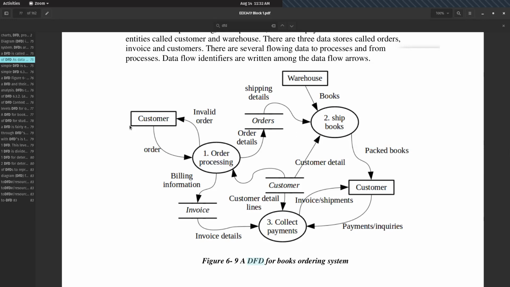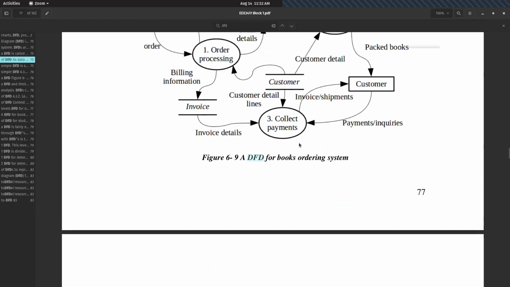Those are the only two actually, customer and warehouse. What are the processes here? Order process, yes, okay. Collect payments. The stores are orders, customer also, and invoice are the stores. Okay, now.